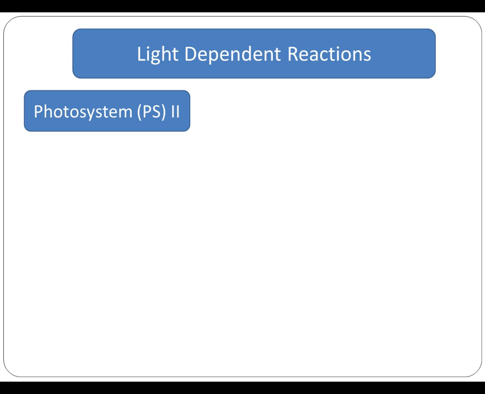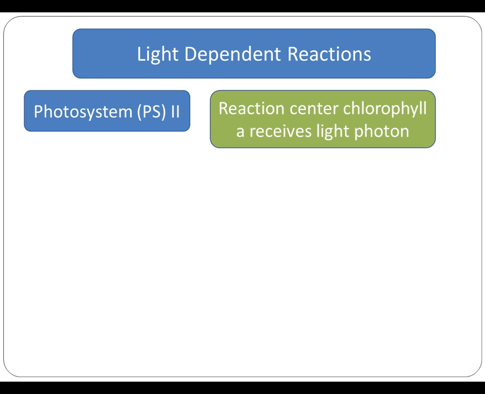If we look at photosystem 2, this is where the reaction center, the chlorophyll A in a reaction center, is going to receive a light photon. Okay? In other words, solar energy. There's already electrons sitting in that magnesium core, and they get excited. Okay, it's considered to boost.